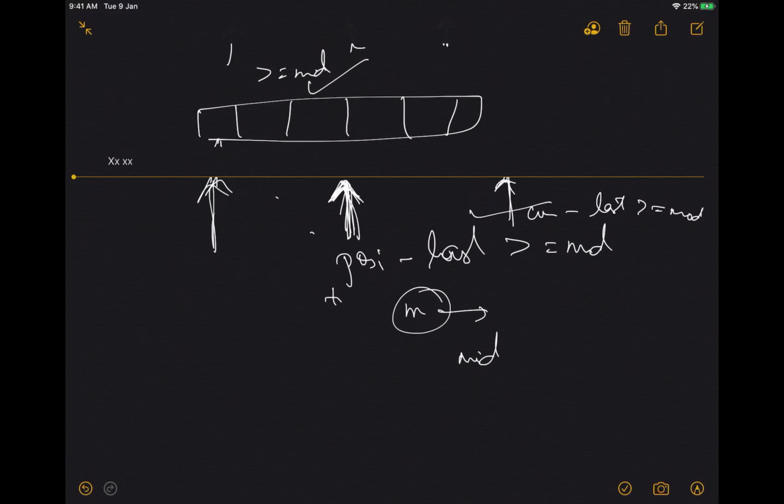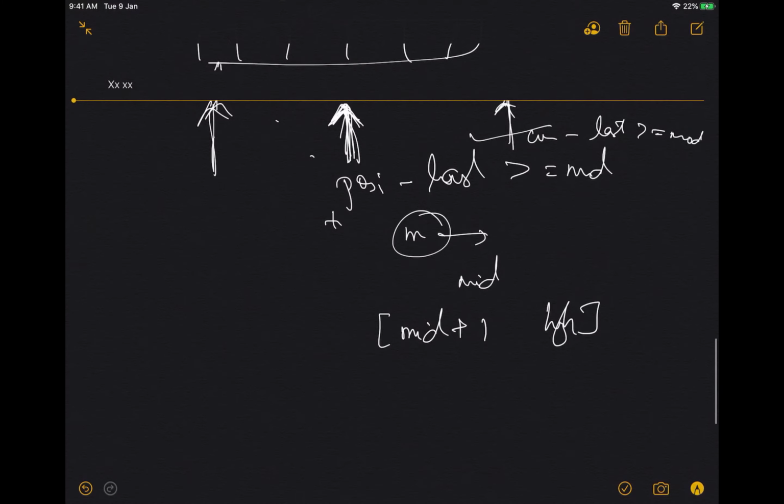In order to find the best answer, since we can put all the m balls, mid is our answer, so we need to find a better answer than this. So we binary search from mid plus 1 to high. Our bounds are reduced by half, and if we cannot put m balls such that the consecutive difference between two balls is greater than or equal to mid, then we cannot place them even for a larger distance, right?